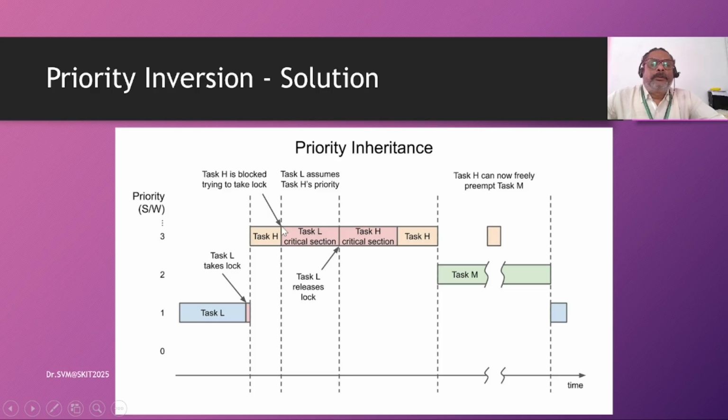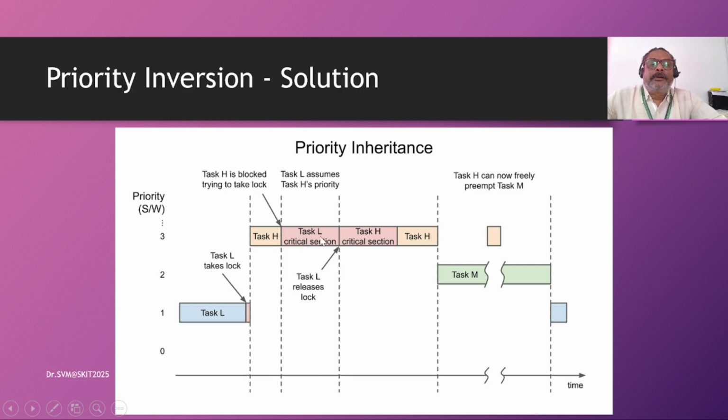And the moment it wants to use a shared resource, and that shared resource was found to be locked by a lower level process, then that lower level process's critical section is forcibly elevated to the level of this high level, and because of that the preemption is not possible, and hence the critical section of task L is allowed to continue.